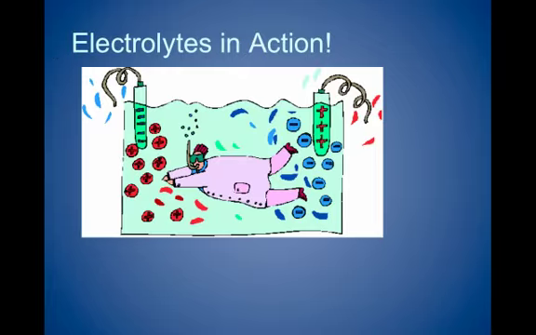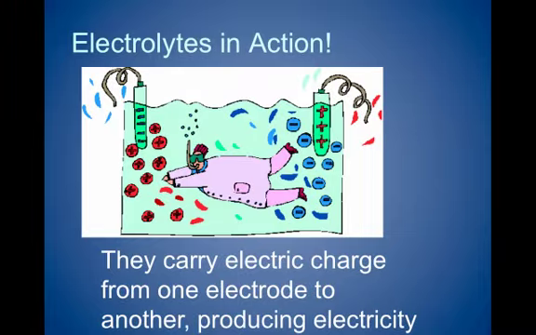This is a little schematic of electrolytes in action, where the ions, once they dissolve, move and are attracted from one to another, and they're carrying the charge. This is dropping positive ions in. This has a negative charge here, and so whenever you get some sort of movement going from one to another, you have a completed circuit. So that's what it looks like, even though it's kind of a silly picture.